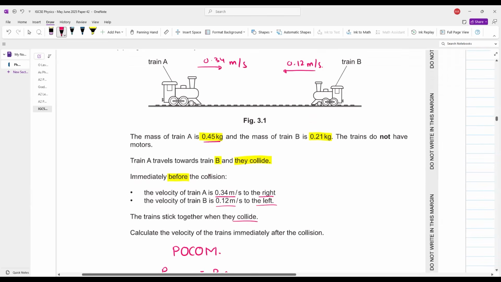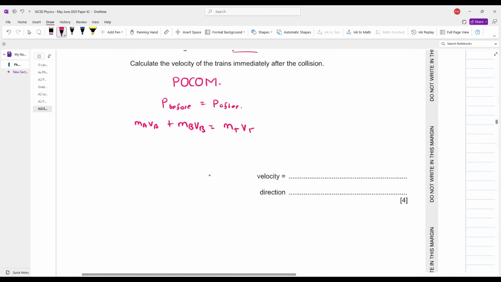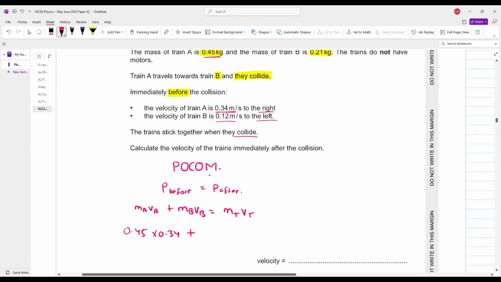What is the velocity of A? 0.34. 0.45 into 0.34 plus, what is the mass of B? 0.21. What is the velocity of B? 0.12 towards the left. What is the velocity of B?